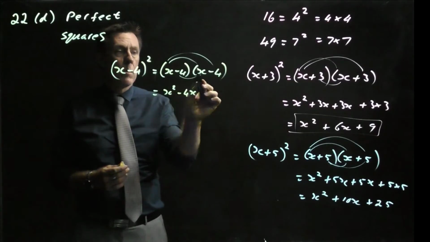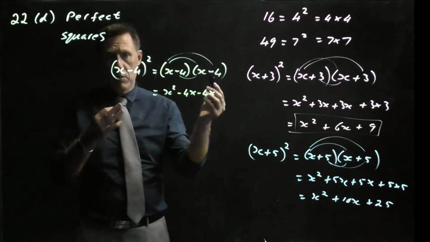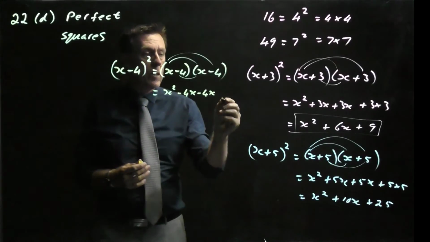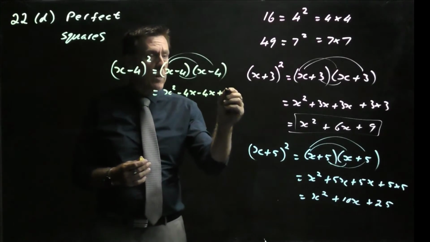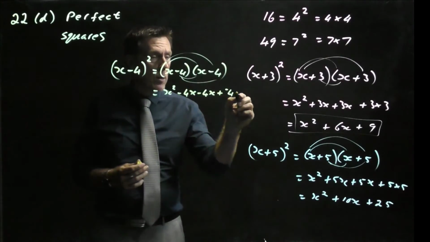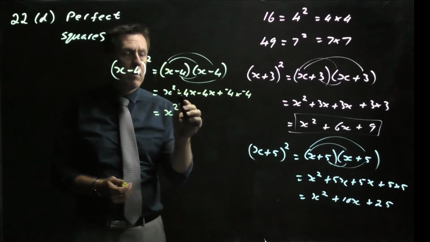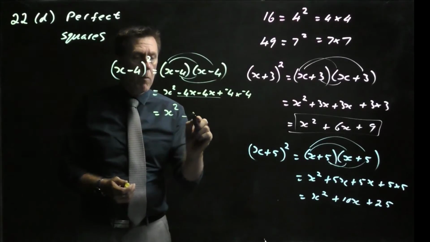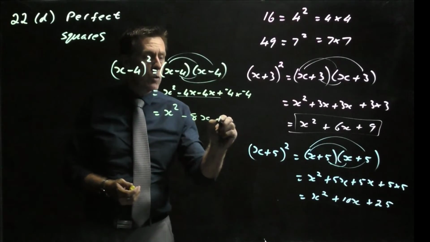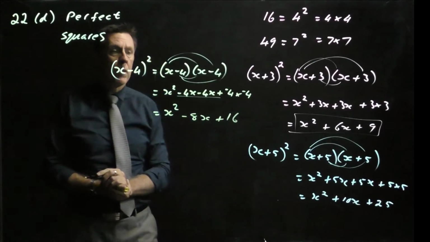The inside ones, minus 4 times x, minus 4x. And then I'm going to put a plus here, that's going to be minus 4 times minus 4. x squared, that comes to minus 8x, that comes to plus 16.